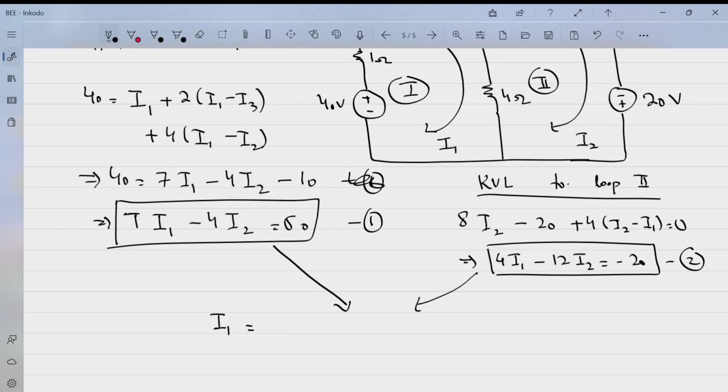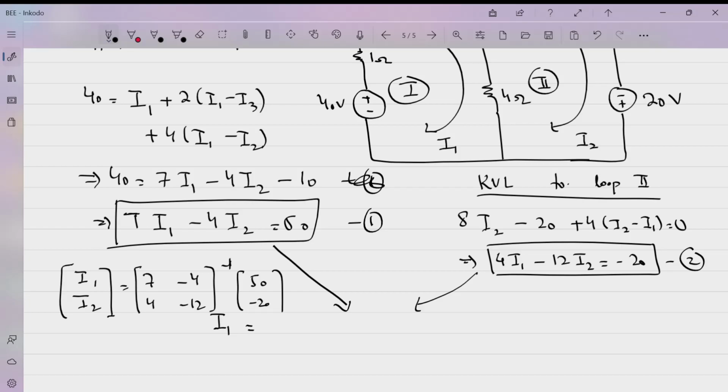I1 क्या आ रहा है? Seven minus 4, 4 minus 12 inverse 50 minus 20. कितना आ रहा है I1? 6.8 आ रहा है. सर हम दूसरी वाली इक्वेशन में कॉमन करके उसको और सिंपलीफाई कर सकते हैं ना?